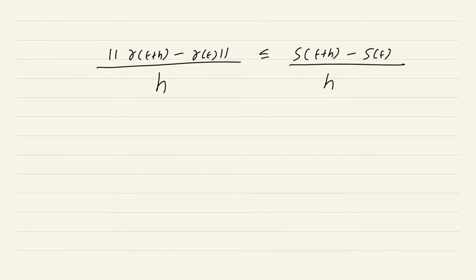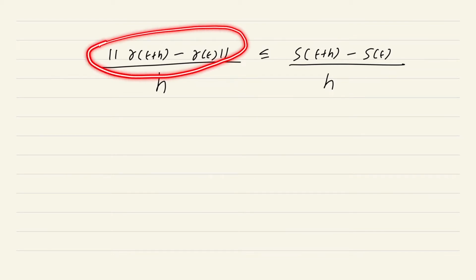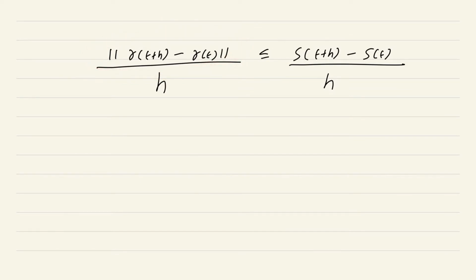Why is that the case? Well, I just said that s of t+h minus s of t is nothing but the length of gamma restricted to [t, t+h]. If I take the trivial partition t, t+h and find the length of the curve with respect to this partition, this single term is what I would get.